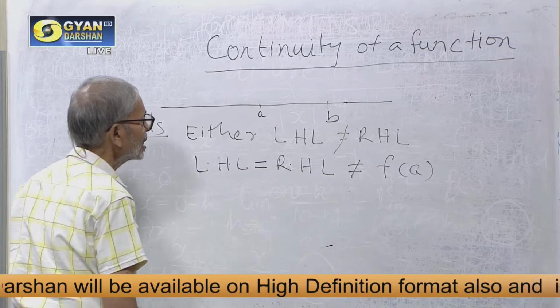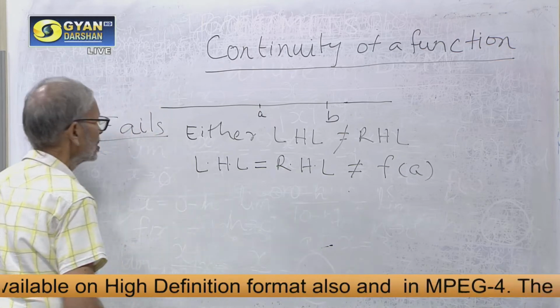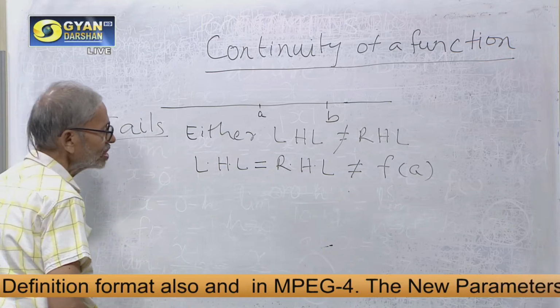So, in these two conditions, we say that the function is not continuous.